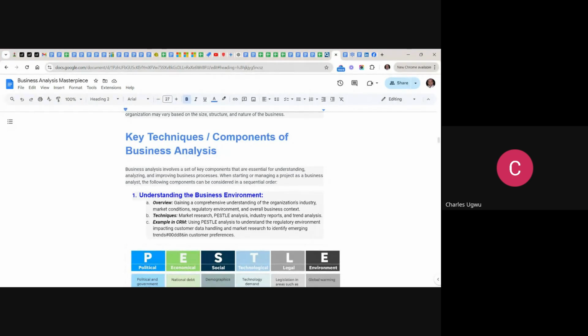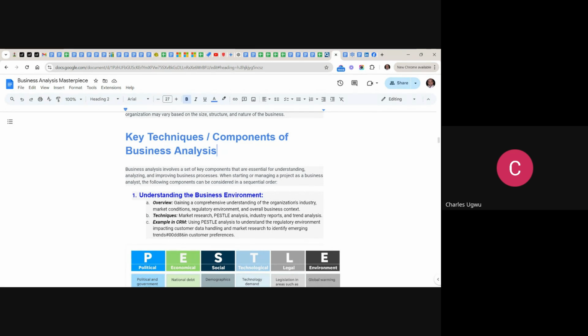Or even if you're within the organization and there is a project or problem you want to solve, or a change you want to bring, you need to understand the surrounding environment, what is involved within that domain. That is what we mean by understanding the business environment.